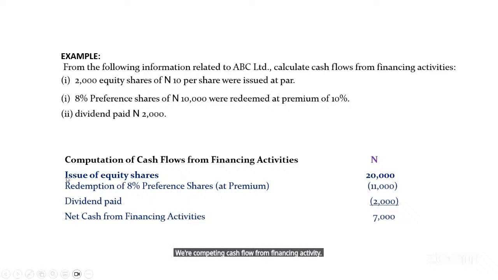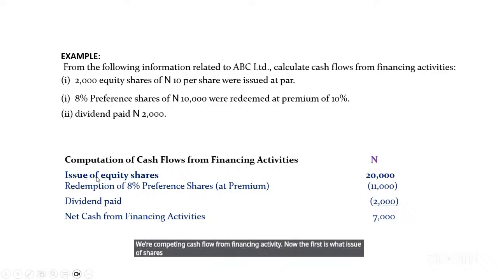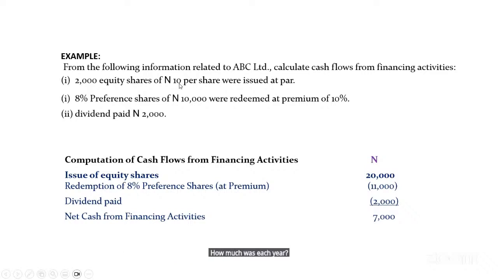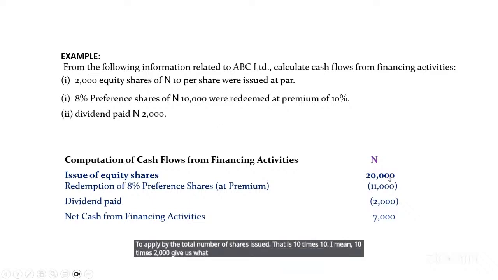The first thing is issue of equity shares, or ordinary shares. How many shares were there? 2,000 shares. And how much was each share? 10 naira. So 10 times 2,000 gives us 20,000 naira.